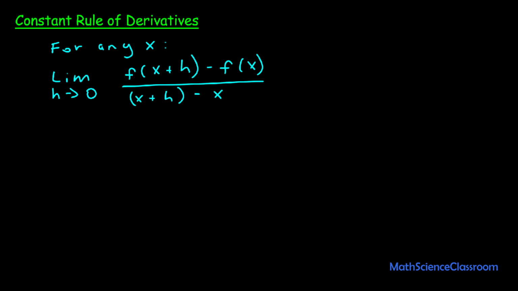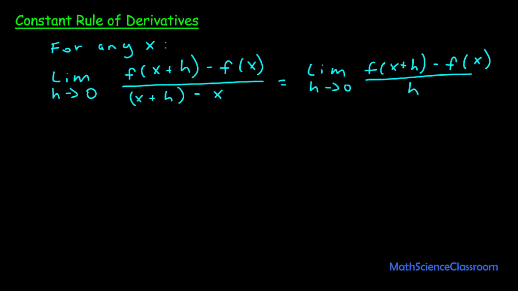Now let's simplify this to the limit as h approaches 0 of f of x plus h minus f of x over h, because the x and the x cross out.